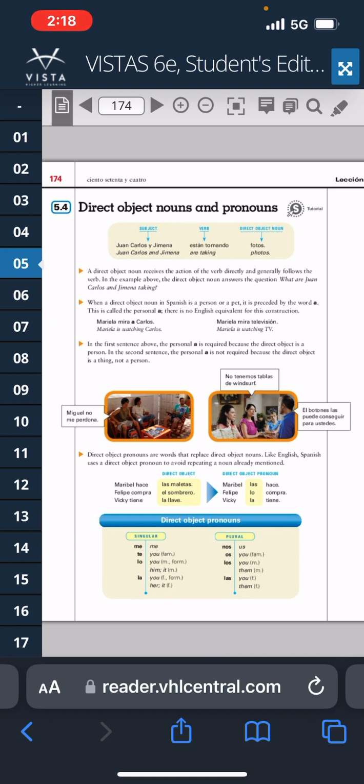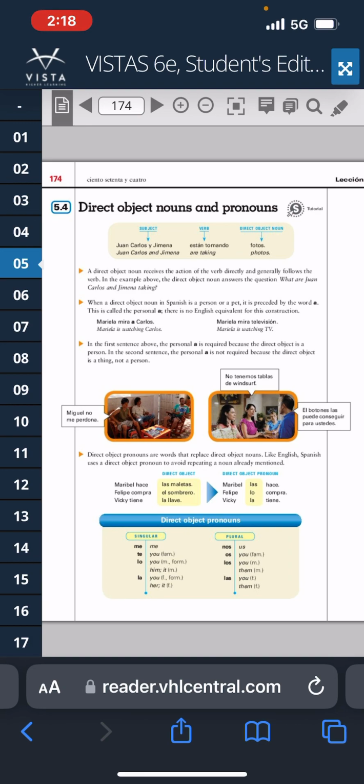Marila is watching Carlos. Marila mira televisión. Marila is watching television. In the first sentence above, the personal a is required because the direct object is a person. In the second sentence, the personal a is not required because the direct object is a thing, not a person.